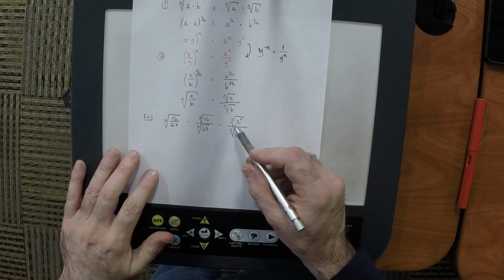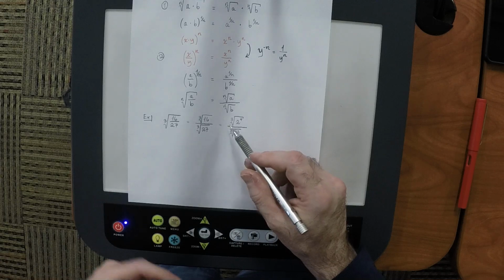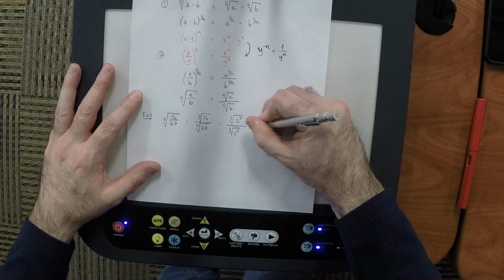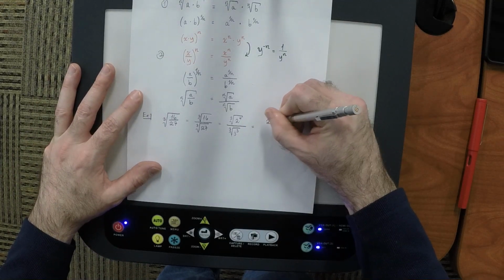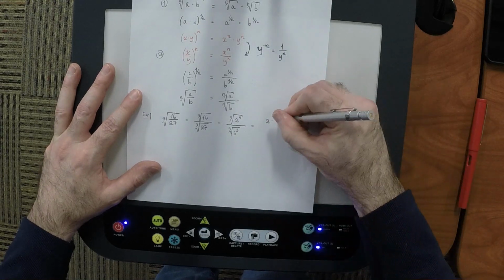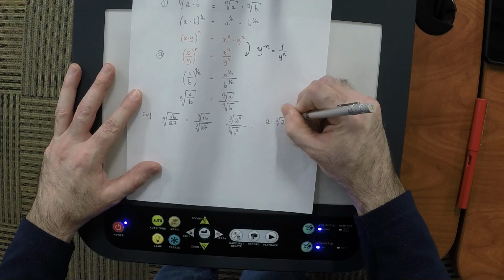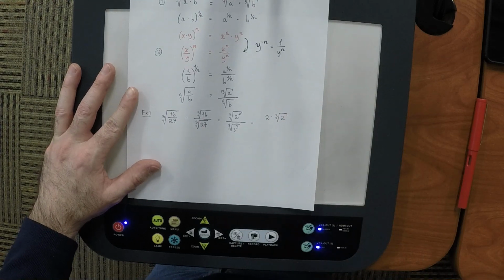Well, not even. We wouldn't even need it because 3 is odd. But absolute value of 2 is 2. So then that 2 would come out. But there'd also be one left because there's 4 of them. So the numerator could be written as 2 cube root of 2, like that.